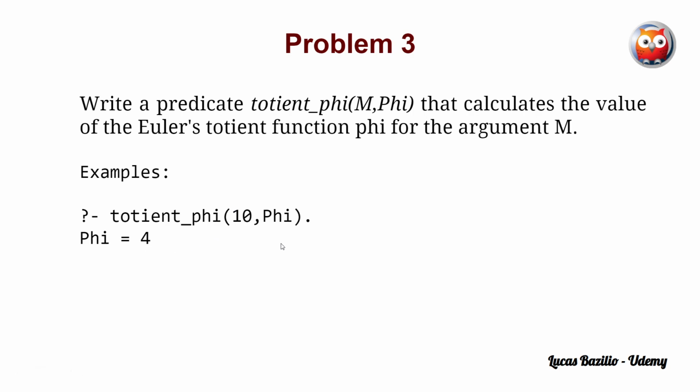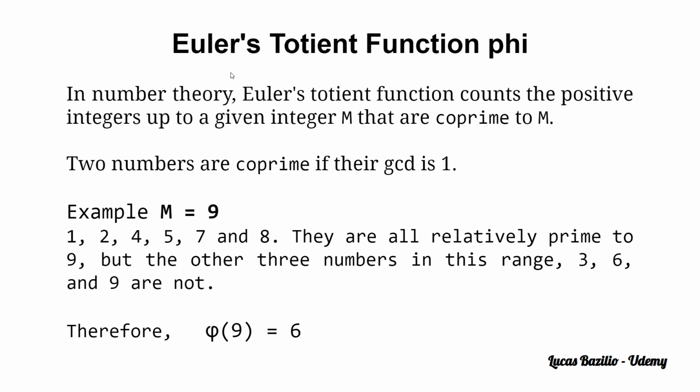Before going through the implementation of this predicate, we first need to understand the totient function phi and see what it does. For those who don't know, Euler's totient function in number theory counts the positive integers up to a given integer m that are coprime to m. In previous problems we saw how to check if a number is prime, and how to compute the greatest common divisor of two integers. Now we define that two numbers are coprime if their greatest common divisor is 1.